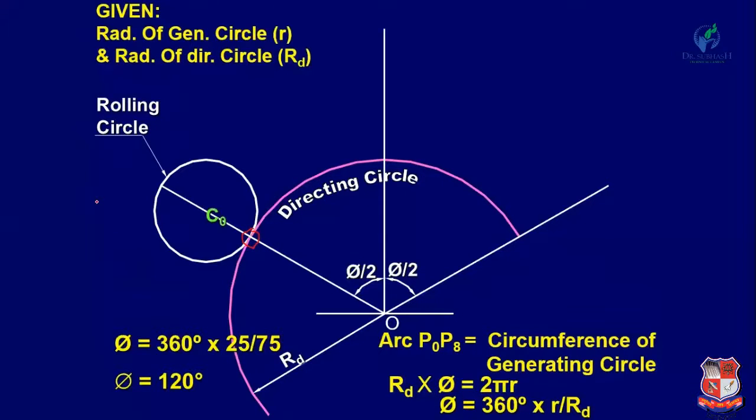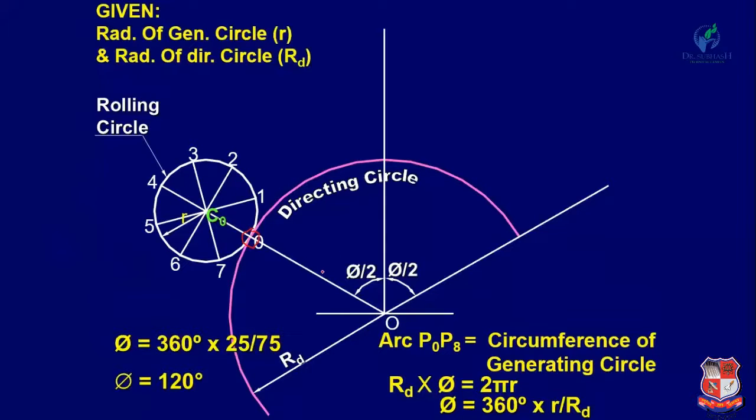Now divide this rolling circle, whose center is C0, into 8 divisions: 0, 1, 2, 3, 4, 5, 6, 7 and 8. You can divide it into 12 divisions also.